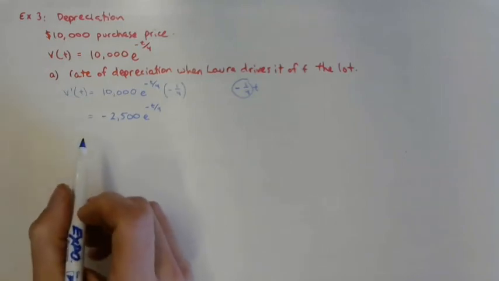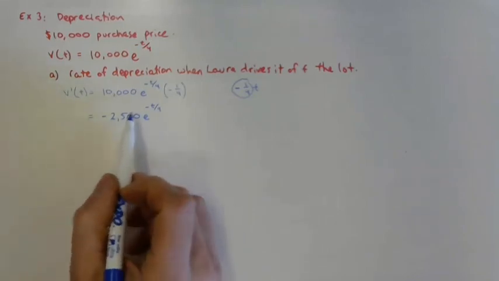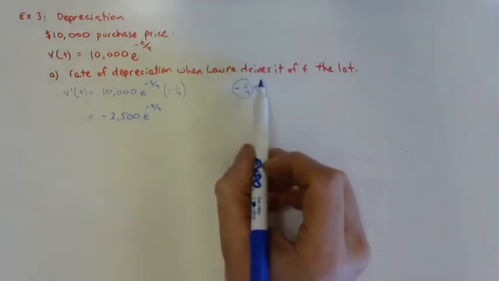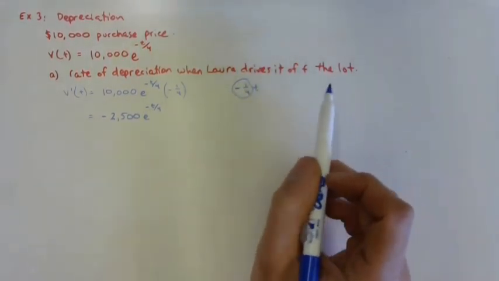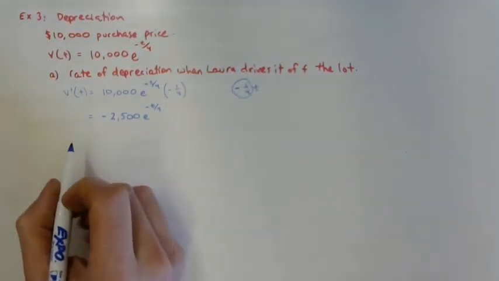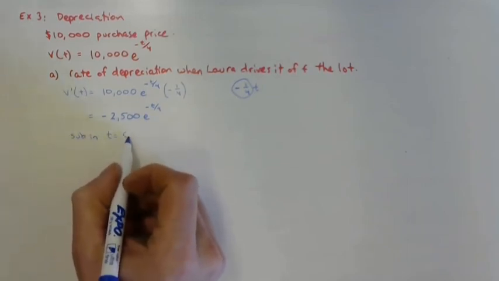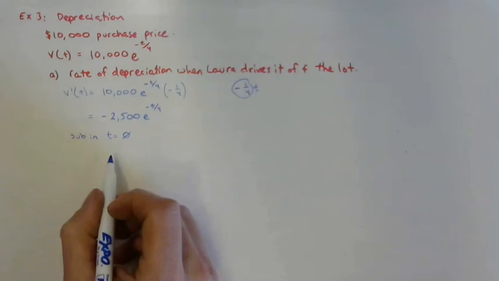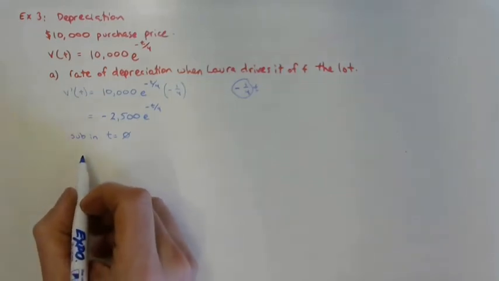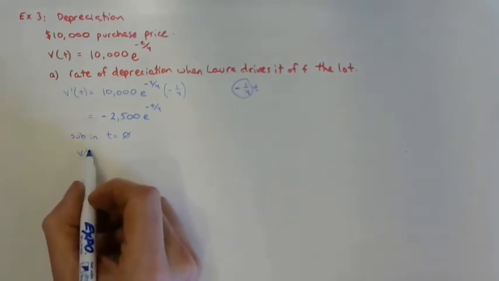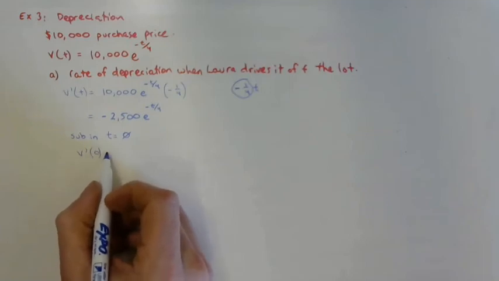So now this is the function for the rate of depreciation, and we want the rate of depreciation when Laura drives it off the lot. So we actually want to sub in t equals 0 because this is the initial rate of depreciation. So we're going to go for v prime of 0.